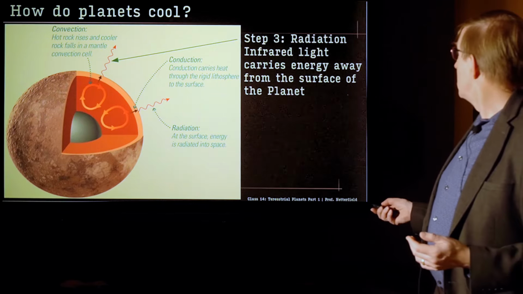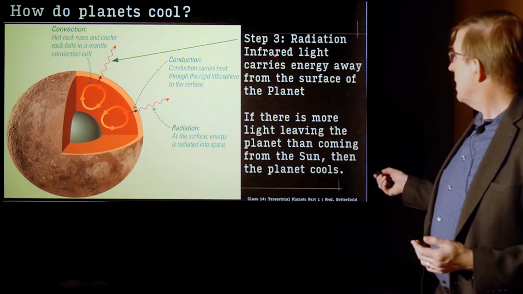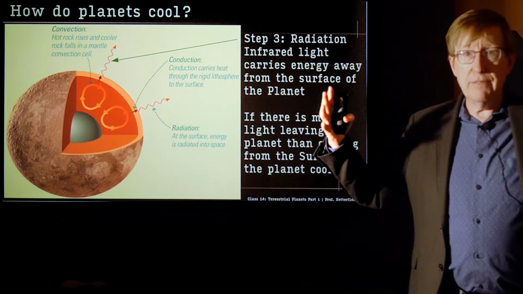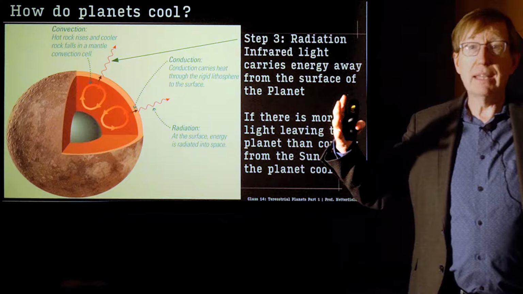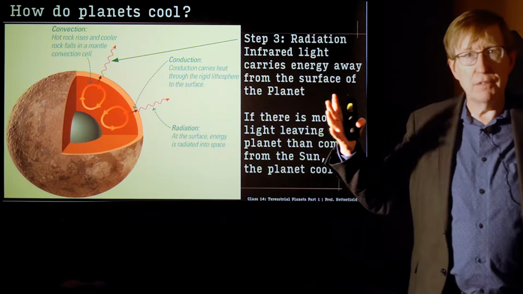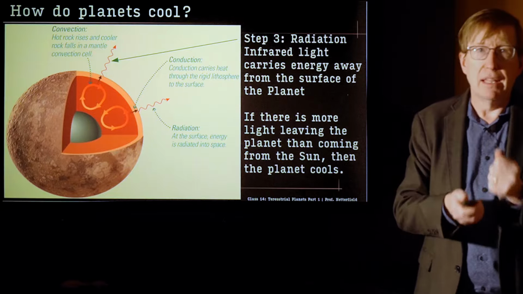Now, there's also light coming from the sun and hitting the Earth. And so you end up with a trade-off. You have infrared light leaving, and you have visible light and infrared light coming in from the sun and hitting the Earth. And there's a balance.